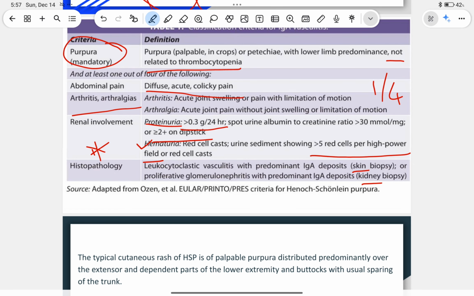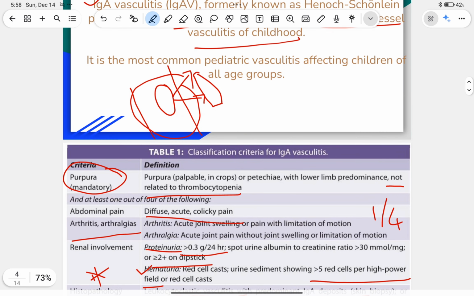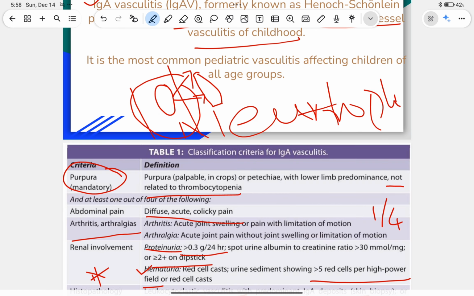So in skin what will happen? There is deposition of IgA, and because of deposition of IgA, there is immune complex formation along with leukocytoclastic vasculitis. What is this leukocytoclastic vasculitis? Whenever there is inflammation, neutrophils come to that area, and neutrophils release certain enzymes in inflammation.